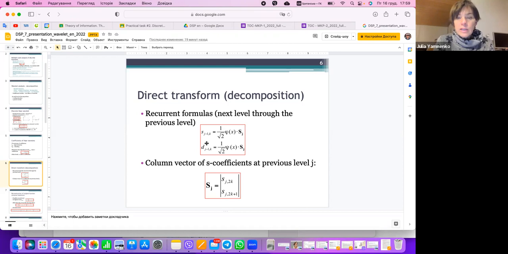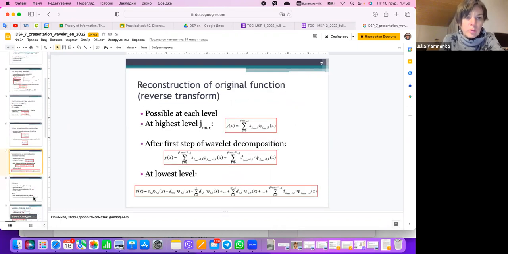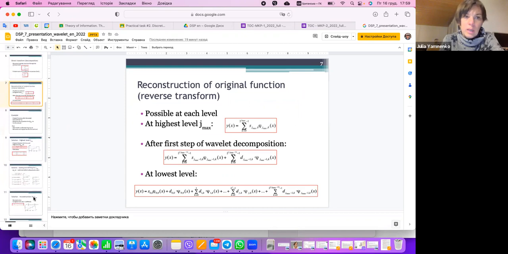So it means that we are already going down to the next level, to level J minus 1. So in the right part, we use the coefficients from level J, and in the left part, using these coefficients from the previous level, we obtain the coefficients for the next level. These are recurrent formulas. Again, when we come to the example, it will become clearer.